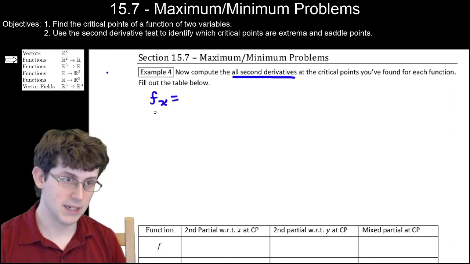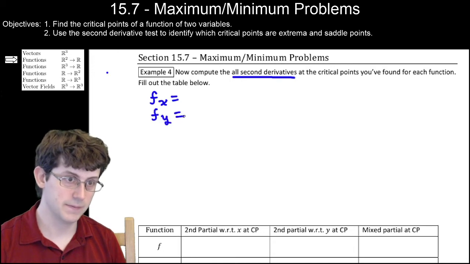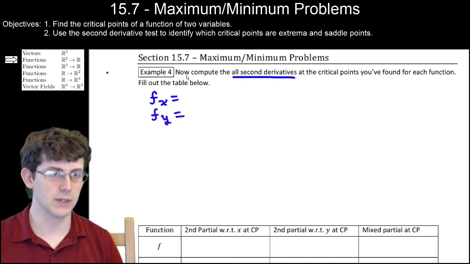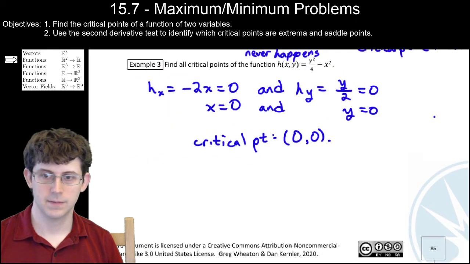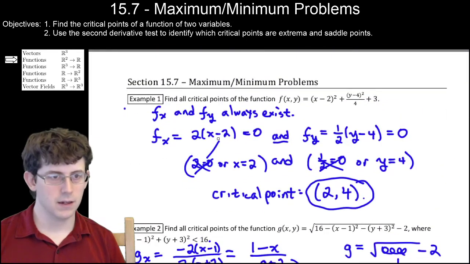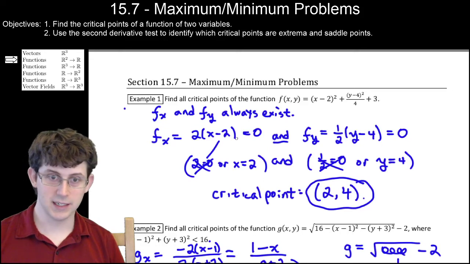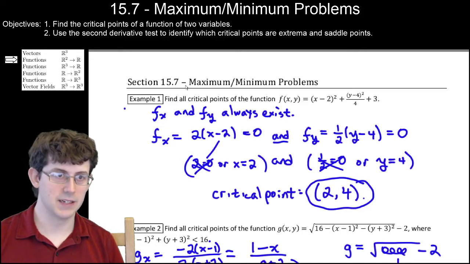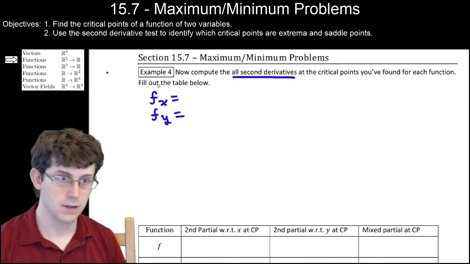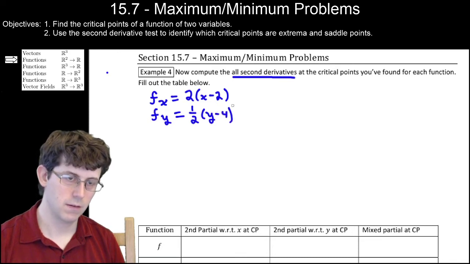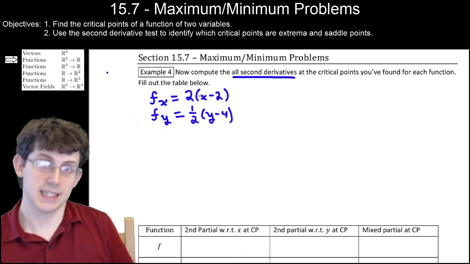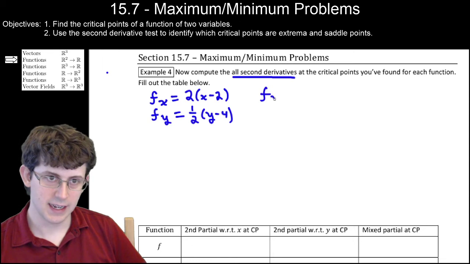Let's copy down what fx and fy were so we can work with them. fx was 2x minus 2, and fy was half y minus 4. To get second partial derivatives, you can find fxx.